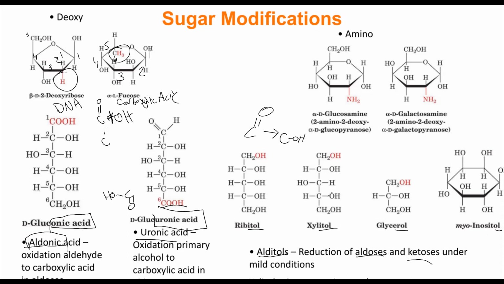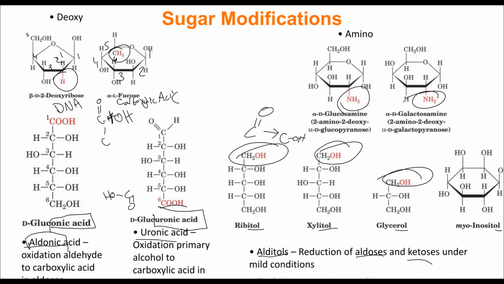So an alditol, you don't have C double bond O anymore, it's OH. And then our amino modifications is you just take one of the OHs and you put an amine group there instead. So that one's easy to look for, NH2.